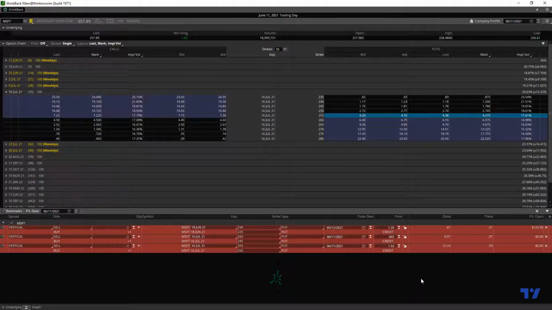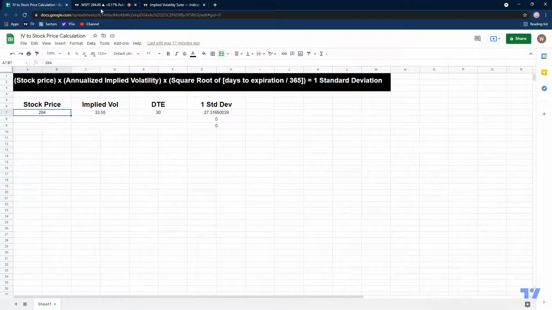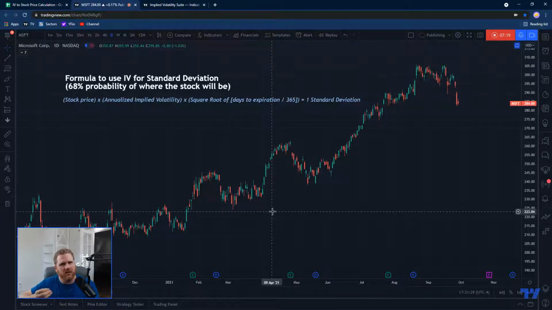But notice, to achieve that, we had to go closer to in the money. And that means if the stock actually does pick up some momentum, if it actually does increase in volatility, we could get burned on this. So what implied volatility allows us to do is either one of two things.